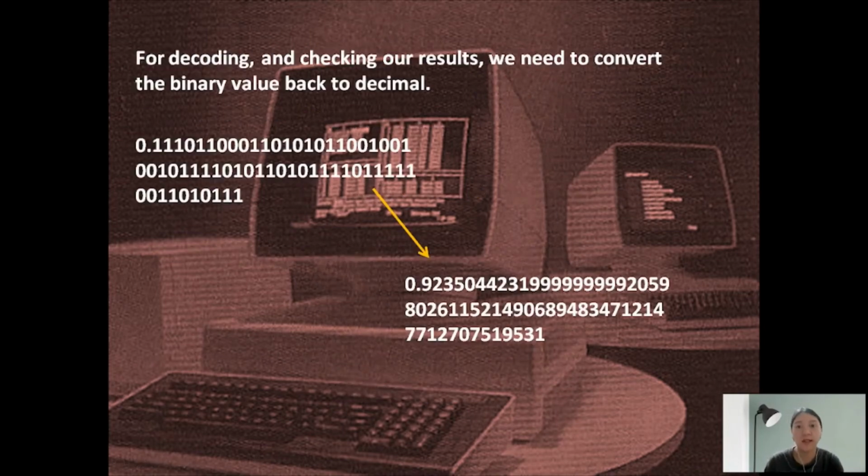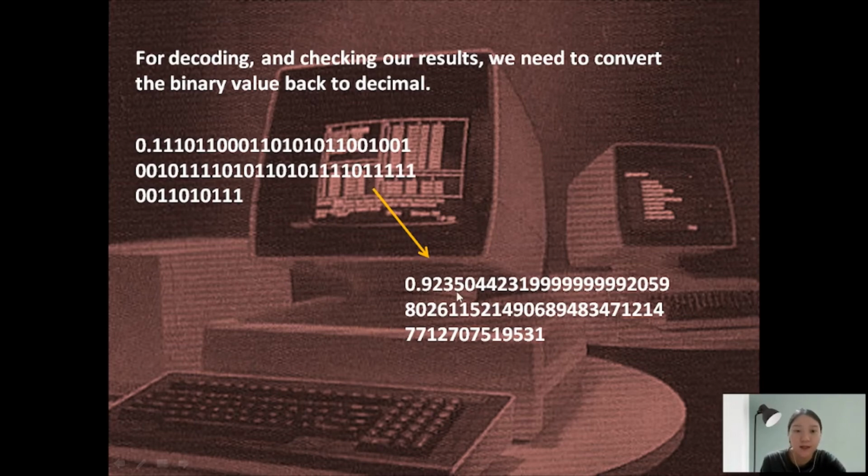For decoding and checking the results, we need to convert the binary value back to decimal. This is the decimal conversion of our binary value.